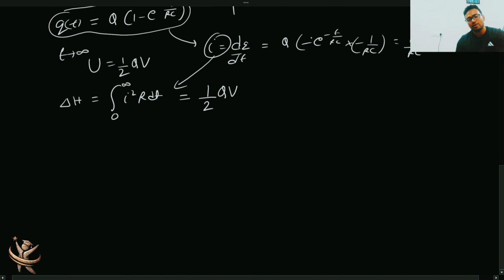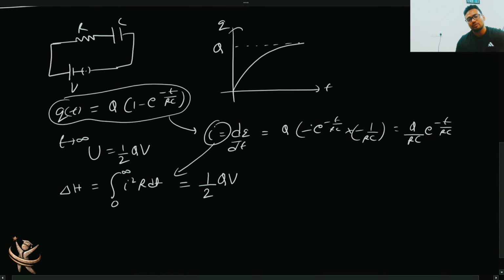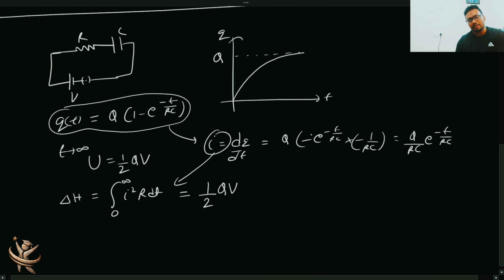Now, there is one more interesting thing you should understand. What about the case when you have not yet reached the maximum charge state? Basically you are in the transient phase. There are two states: transient phase and steady state. The transient phase is the time during which the capacitor is still in charging mode.